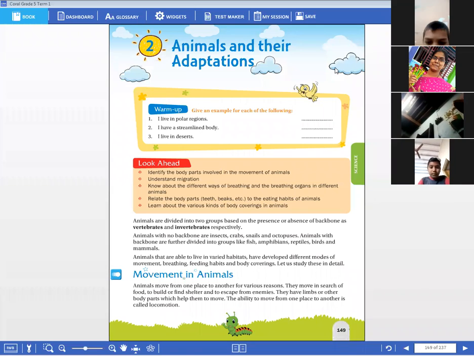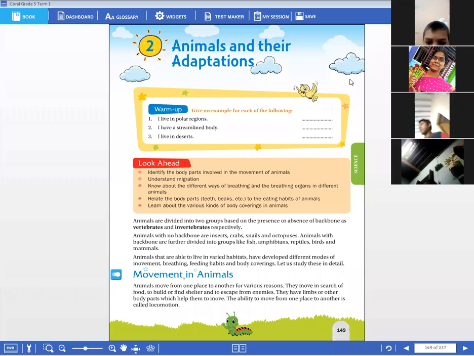Okay, let's go on to the second question. Pavan Kumar, where are your notes? Don't show me any other books, only show me your notebook. Without notebooks, you came to class.